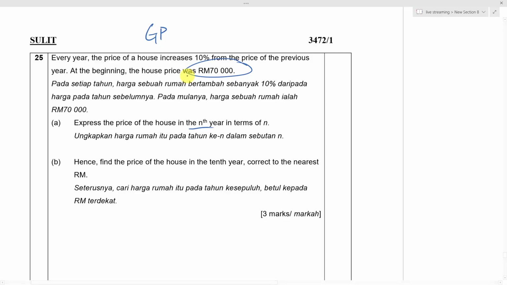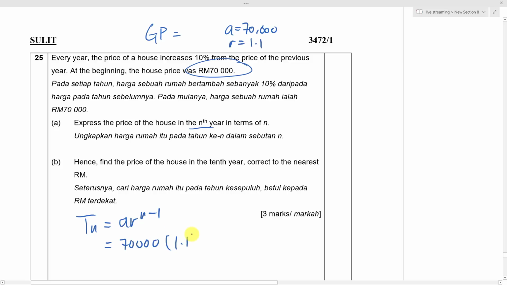My a is 70,000. My r is 100% plus 10%, 110%, so it's 1.1. To get my Tn, I just say ar to the power of n minus 1. a is this number, r is 1.1 to the power of n minus 1. Done already. This is the answer for a.